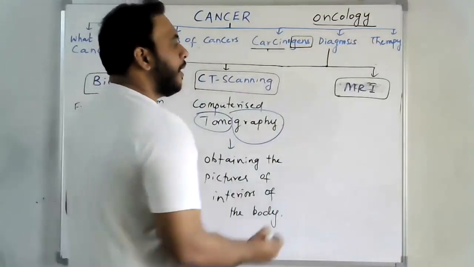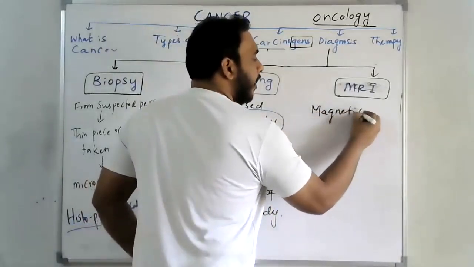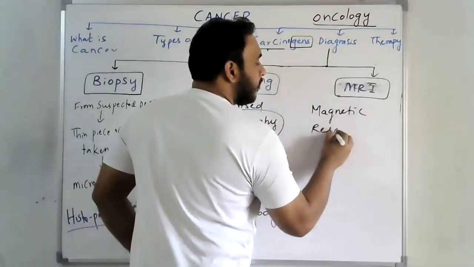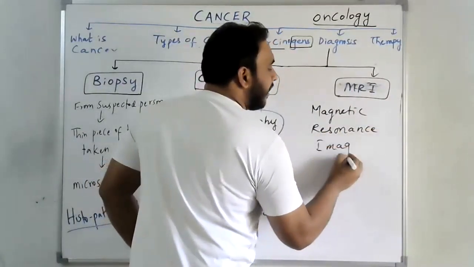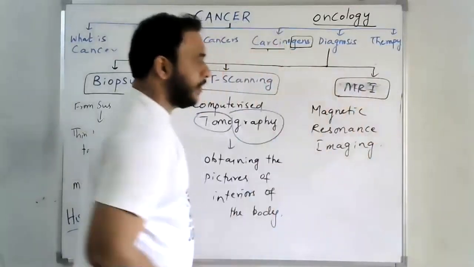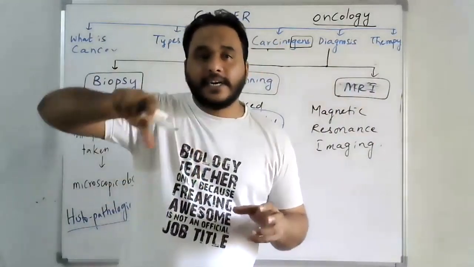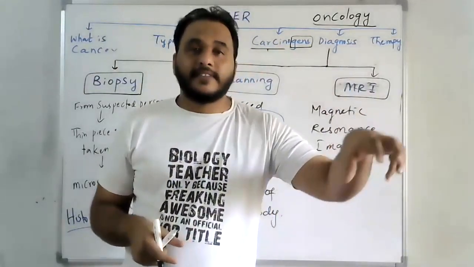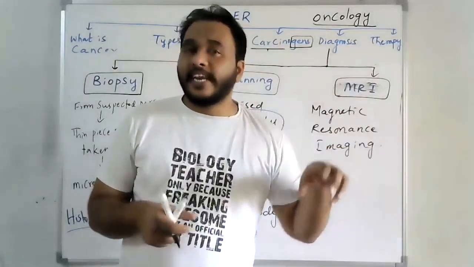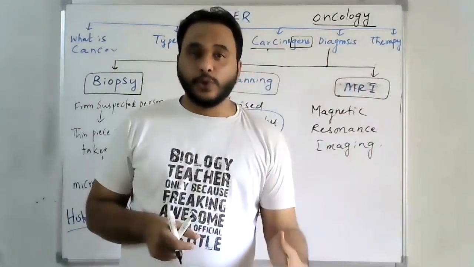And coming to MRI, which stands for magnetic resonance imaging. By using the nuclear magnetic waves, we can study how cancer cells are developed and what is the status of the body in terms of carcinogens as well as tumors.